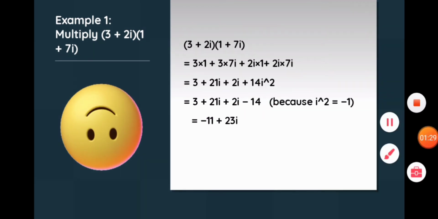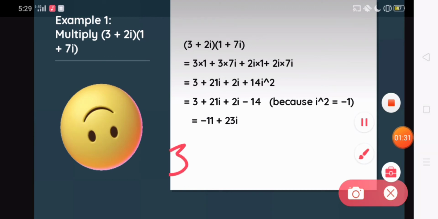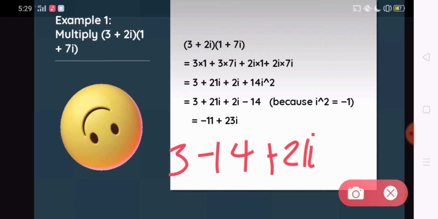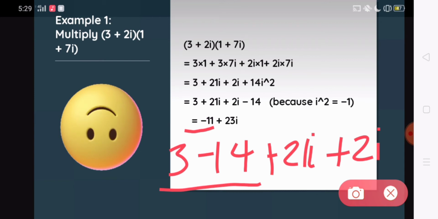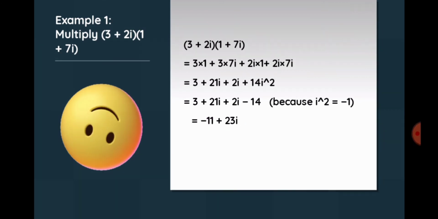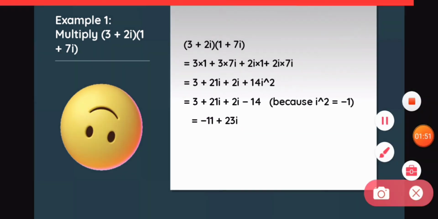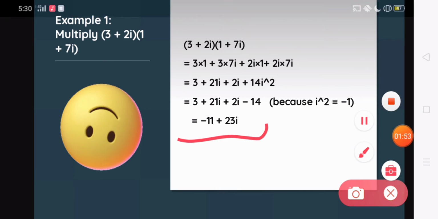So now let us combine the like terms. 3 minus 14 plus 21i plus 2i. So 3 minus 14 is negative 11. And 21i plus 2i is 23i. So that's why our answer is negative 11 plus 23i.